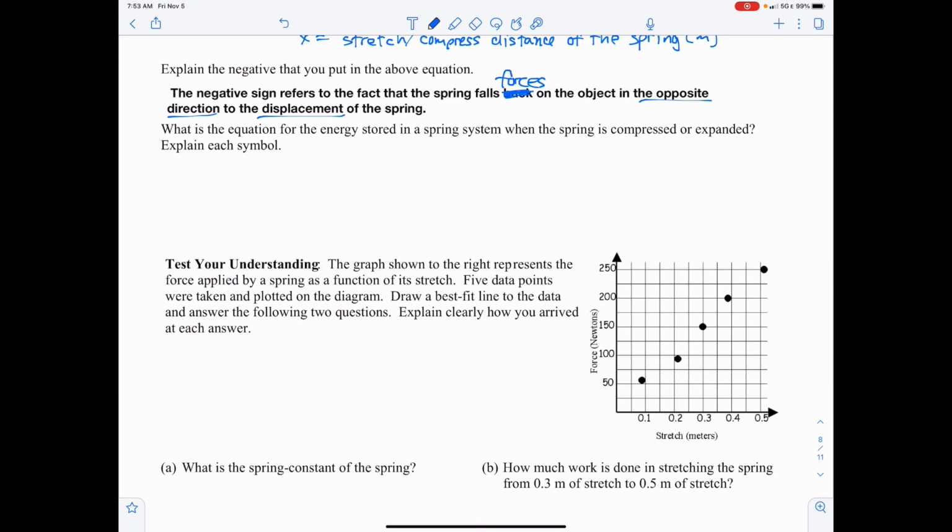What is the equation for the stored energy in a spring when the spring is compressed or expanded?